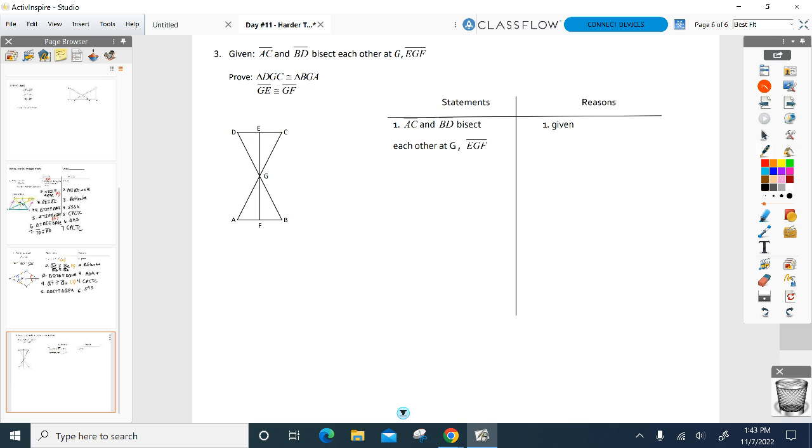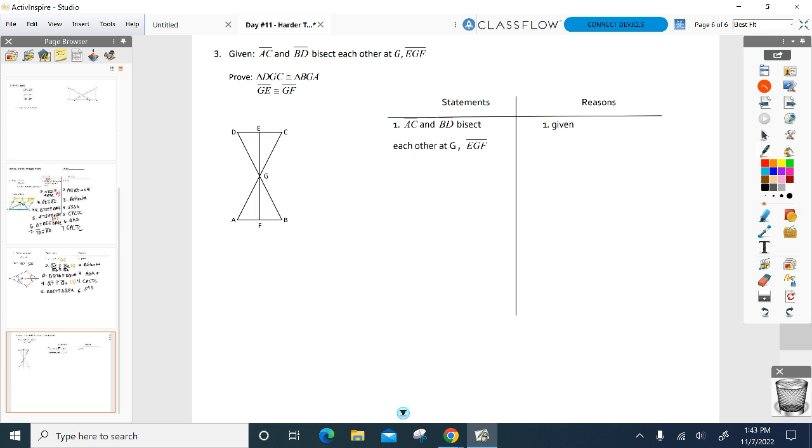But we have to write down the ones we don't know. This is just a visual. That's it, just the triangles.